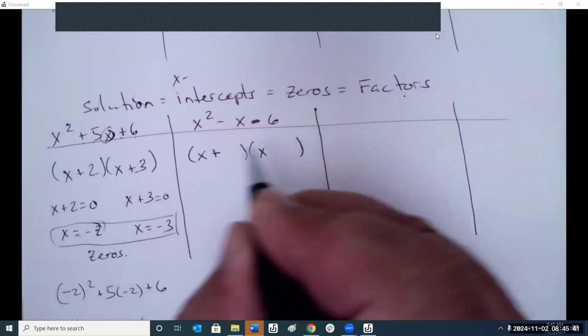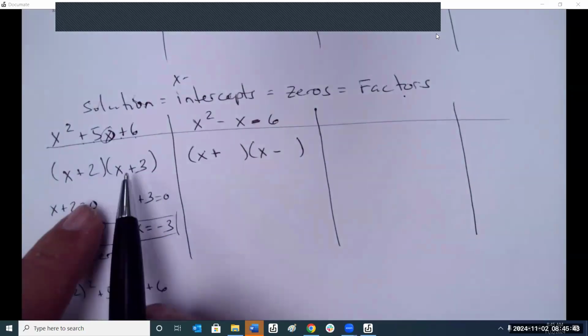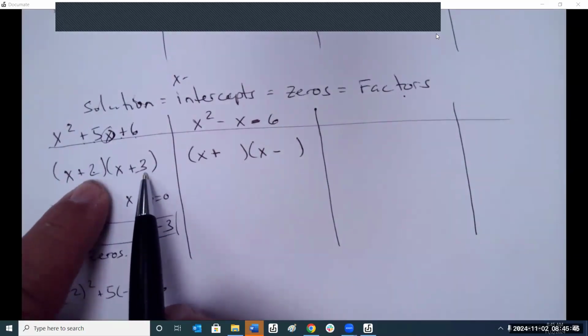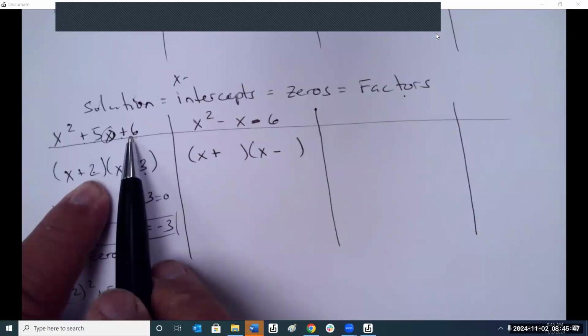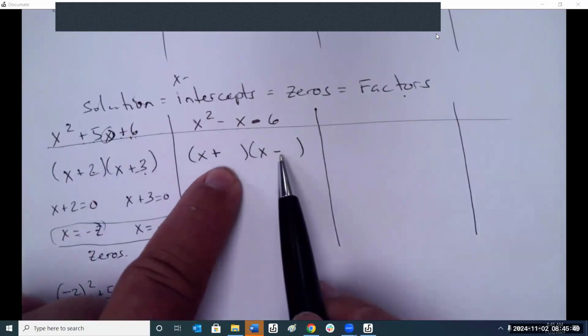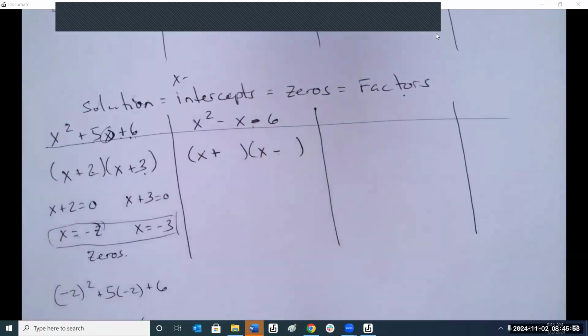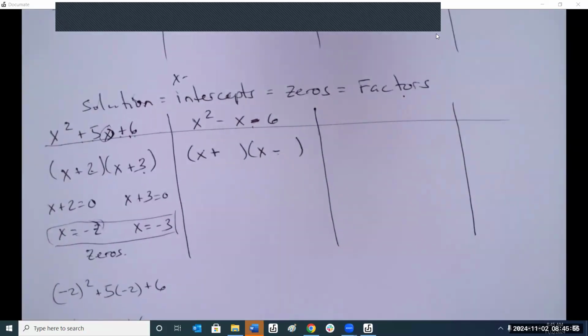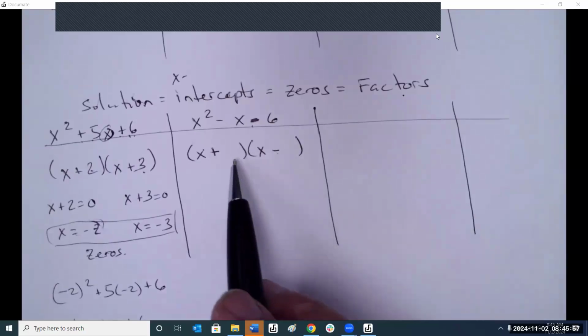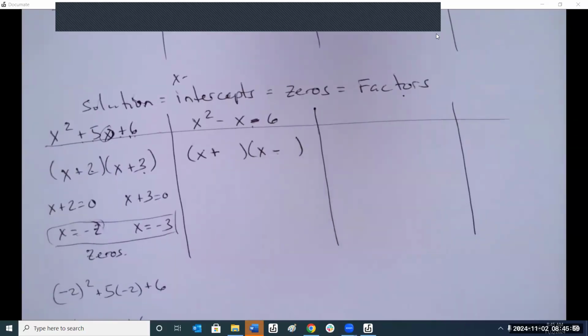One of them has to be positive, because think about it: +2 times +3 equals +6, but positive times negative equals negative. But we have a problem. What numbers go there?